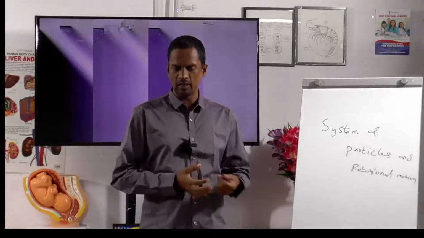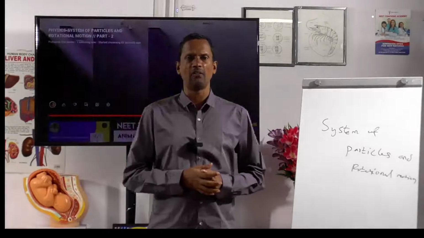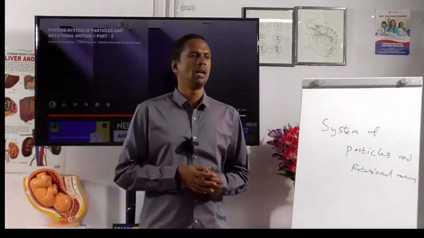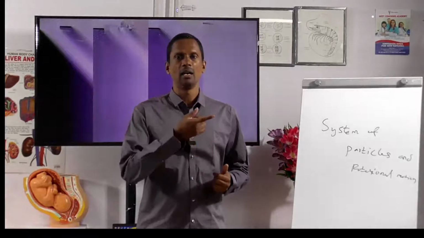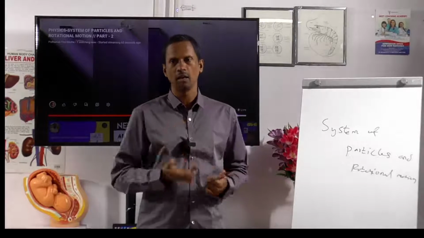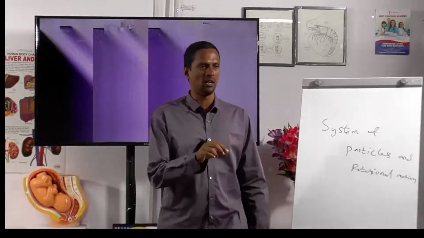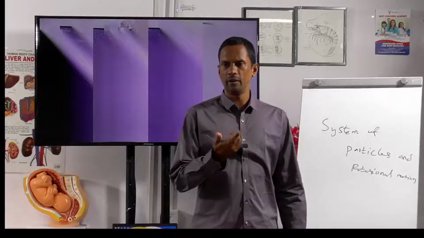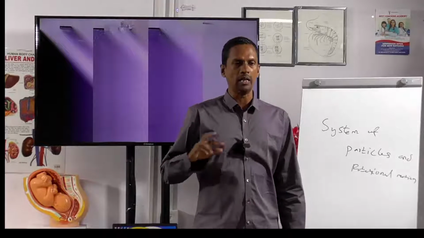Then acceleration is alpha, which is equal to dv by dt. Why dv by dt? It is the change of velocity with respect to time.